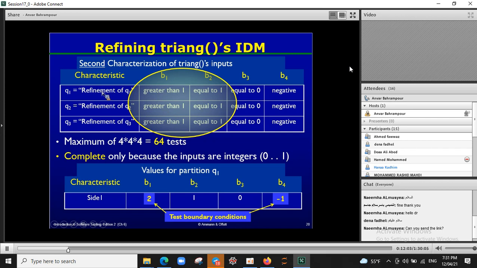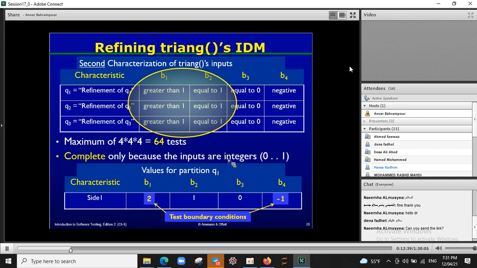Okay, but when the sides could have floating point values, this is not complete, because any values between 0 and 1 are not considered in this partitioning, and we should define a new partition for values between 0 and 1.